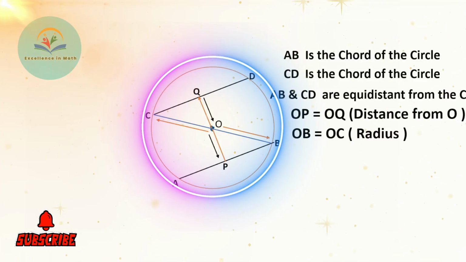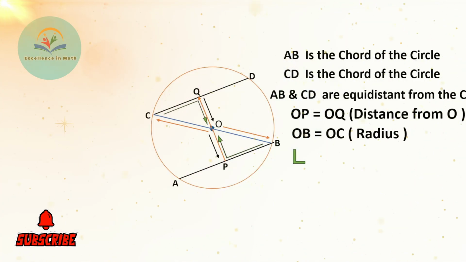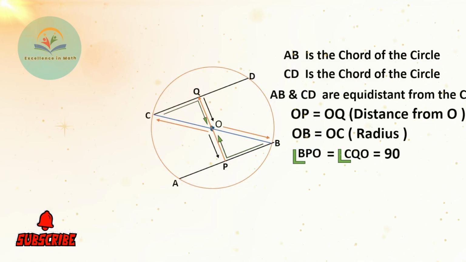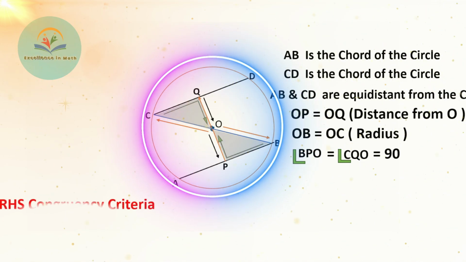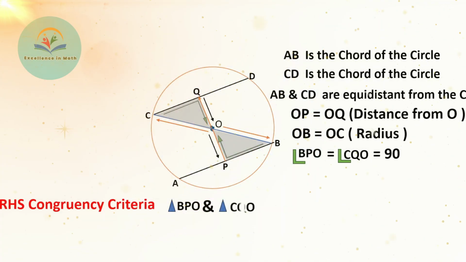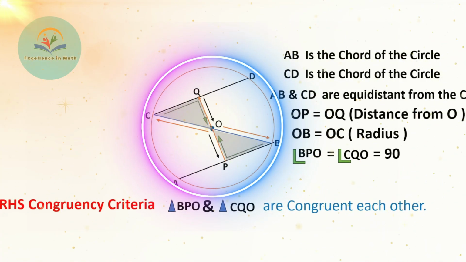If you observe, angle BPO and angle CQO are equal in measure, and that is equal to 90 degrees. Now, by the right angle, hypotenuse and side criterion, the RHS congruency criteria, we can say that triangle BPO and triangle CQO are congruent to each other.